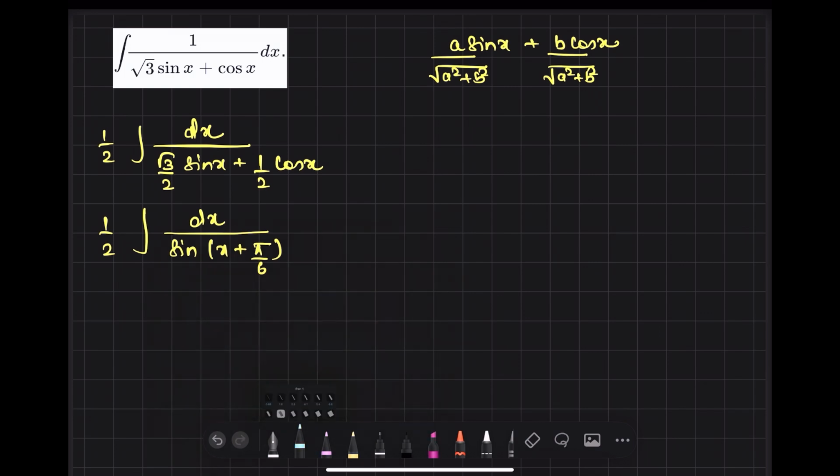Or you can make another question which will look like 1 by 2 integration dx by cos(x − π/3), using cos a cos b + sin a sin b. Now you can apply the formula.